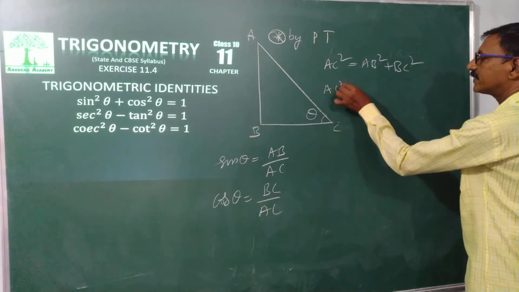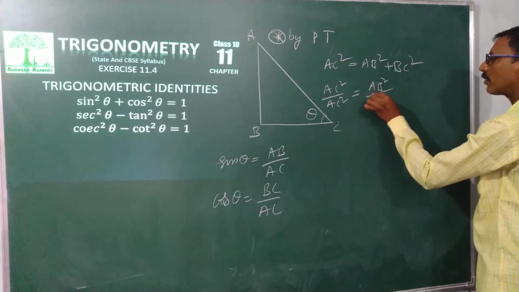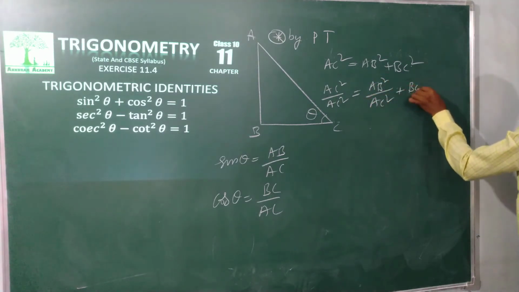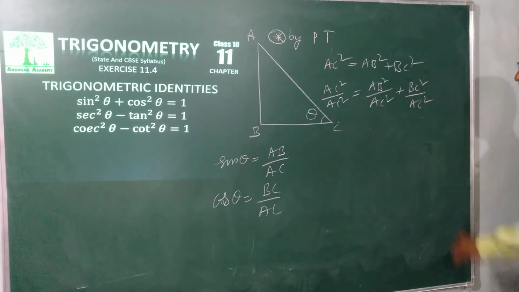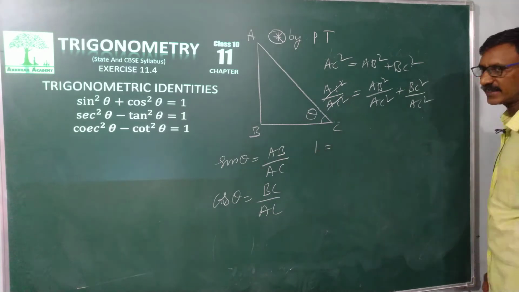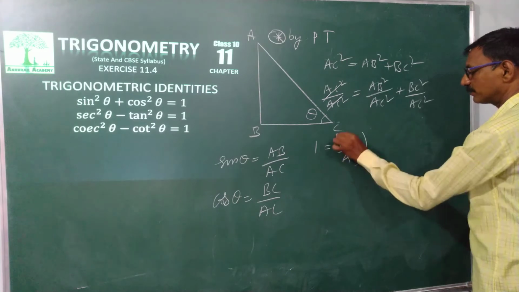Then I will get AC square by AC square is equals to AB square by AC square plus BC square by AC square. AC square gets cancelled, that is equals to AB by AC whole square.